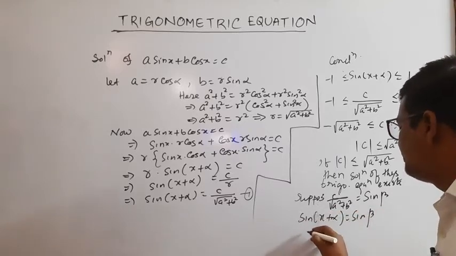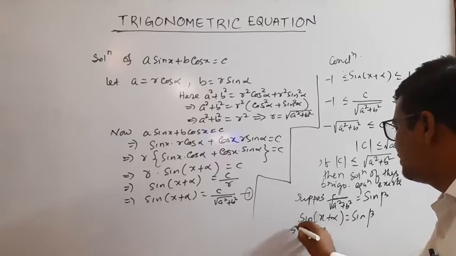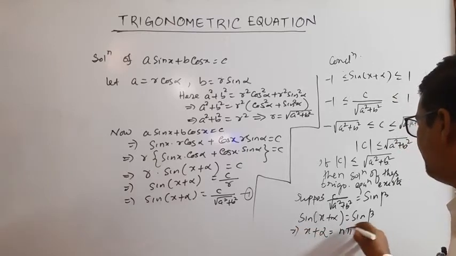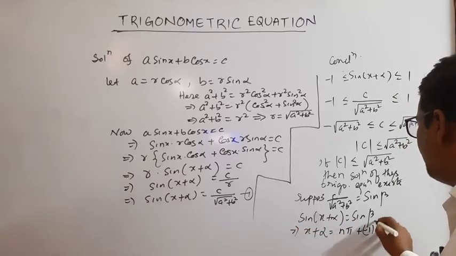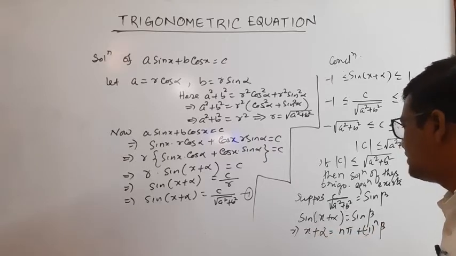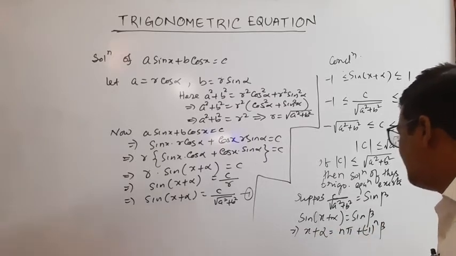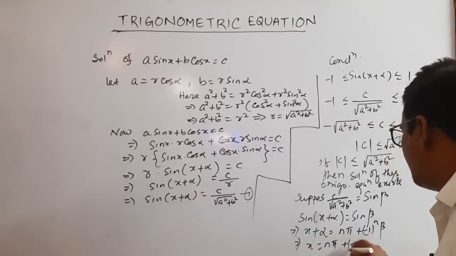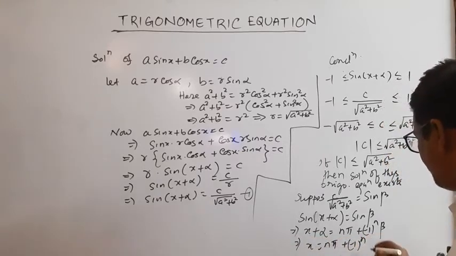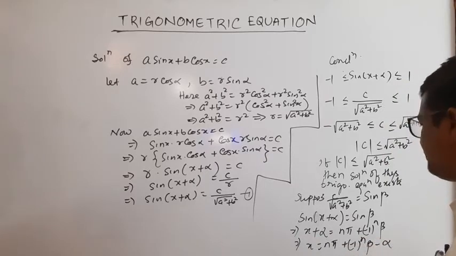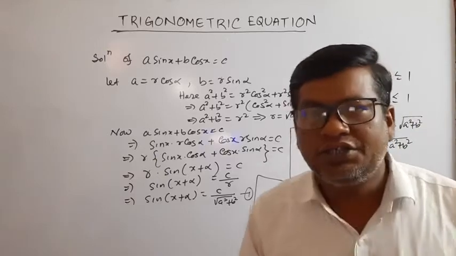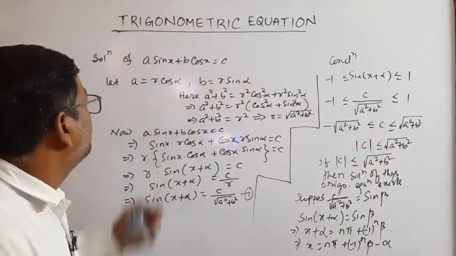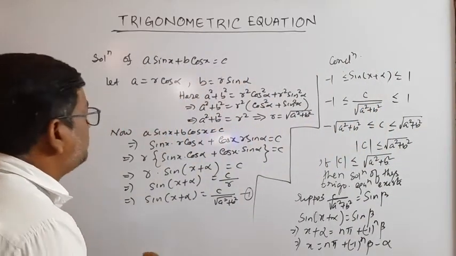That implies x plus alpha is equal to n pi plus minus 1 to the power n into beta, and x is equal to n pi plus minus 1 to the power n into beta minus alpha. This is the procedure to solve the equation like this: a sin x plus b cos x equal to c.